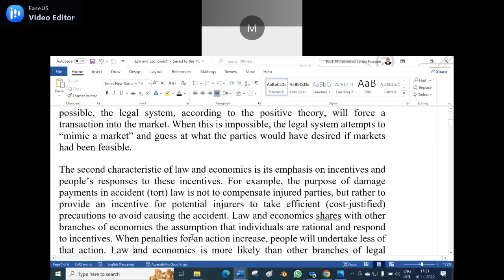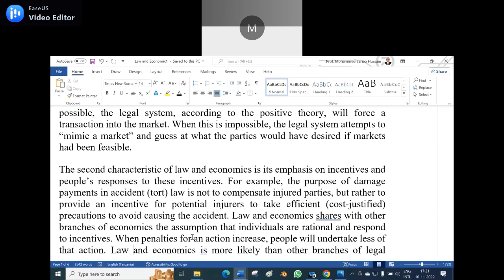Okay, now let us go to the second characteristic of law and economics: its emphasis on incentives and people's response to these incentives. So, what are the incentives here?